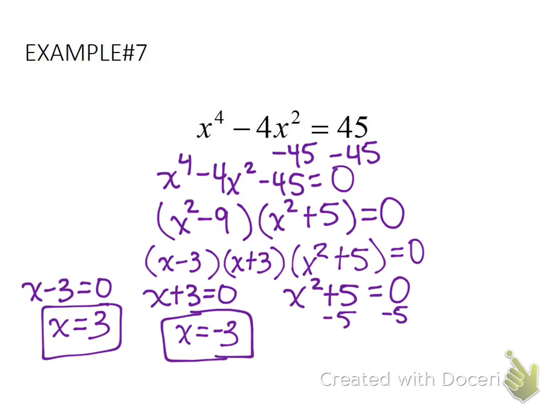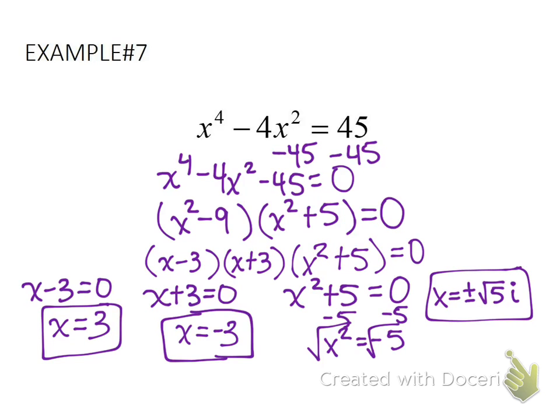And then x squared equals negative 5, and then square root both sides. I would agree. And then I got x equals plus or minus 5i. Oh, square root of 5i. Beautiful. If we square root both sides, we would end up with the square root of negative 5. But we know we can simplify that. So x is equal to plus or minus the square root of 5i.